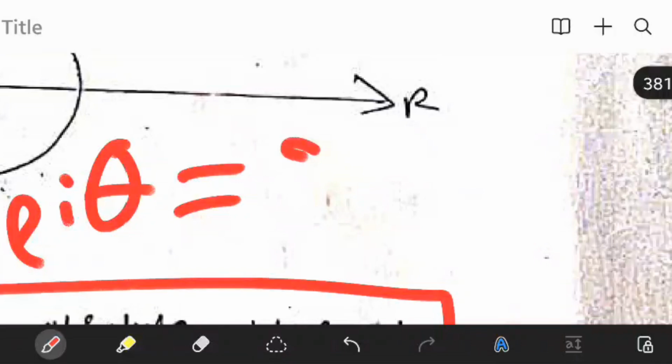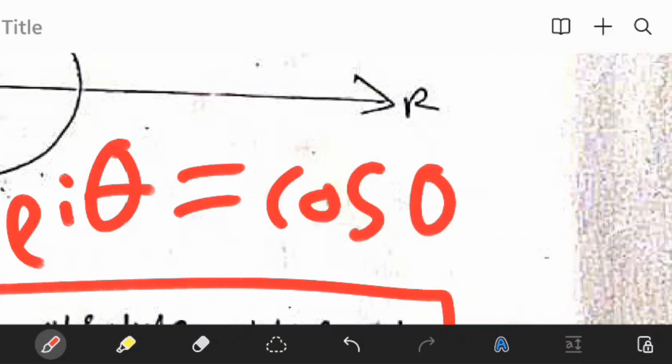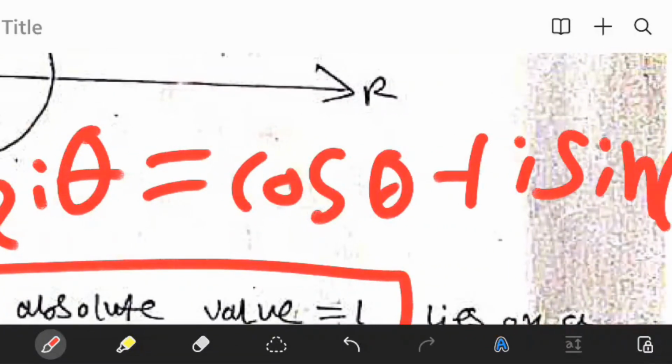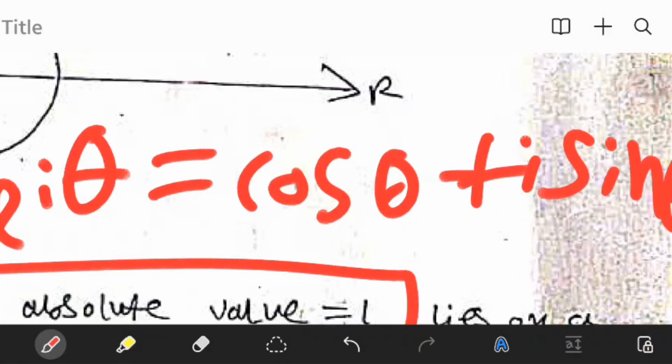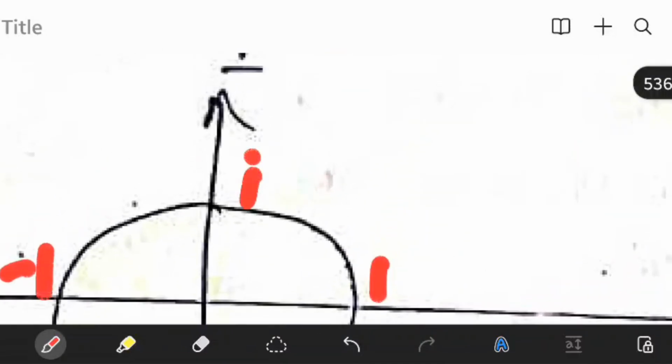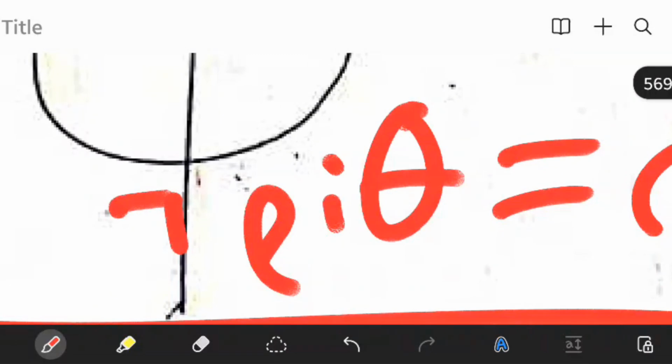Euler's formula says that if we expand it, it becomes cosine theta plus i sine theta. So it will be 1, negative 1, i, negative i.